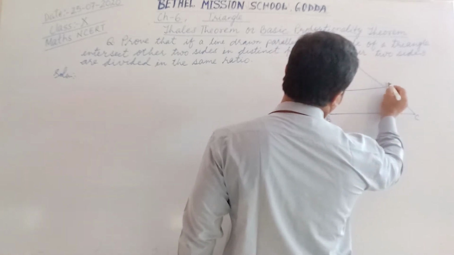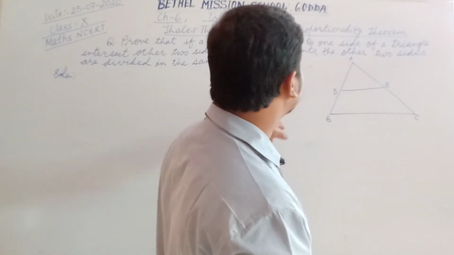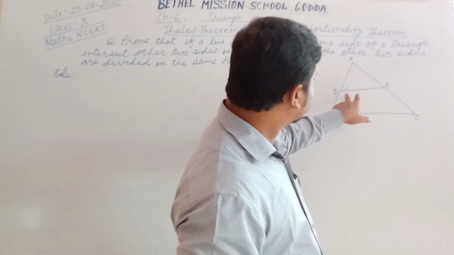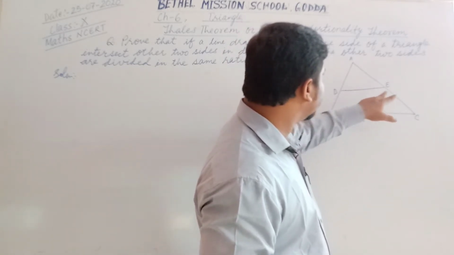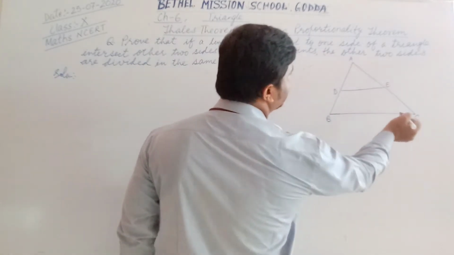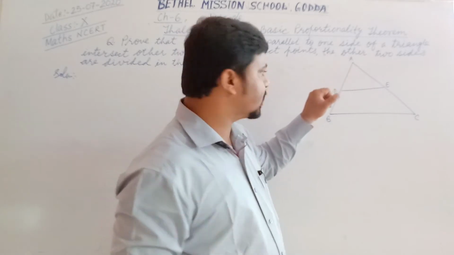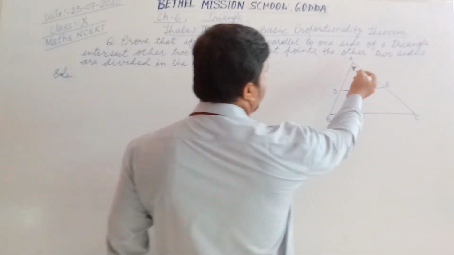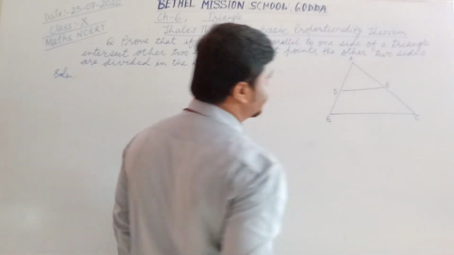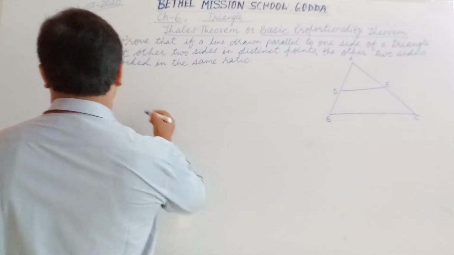D and E. You can see DE is a line drawn parallel to BC, and this line DE divides the other two sides, AB and AC, in the same ratio. That means we have to prove AD by DB equals AE by EC. That we will prove.